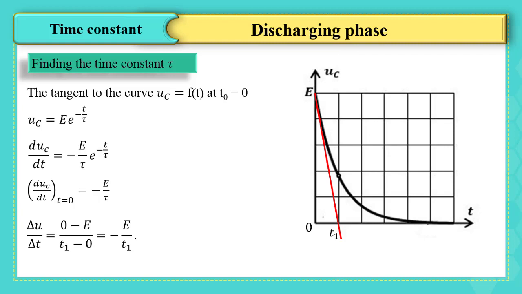By comparison, we deduce that minus E over t1 equals minus E over tau, which implies t1 equals tau, where t1 is the instant at which the voltage across the capacitor UC is equal to 37% of the maximum voltage E. And as we observe in the figure, the tangent intersects the x-axis at instant t1, which is equal to tau.